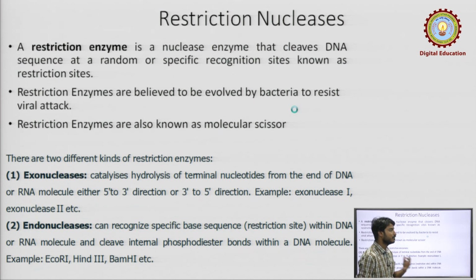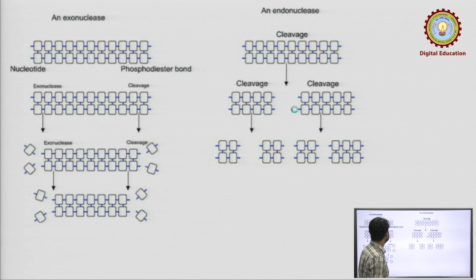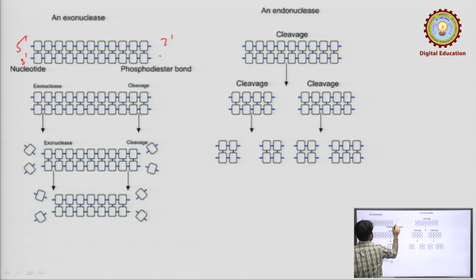There are two types of nuclease enzymes. The first is exonuclease and the second is endonuclease. Here we will explain the exonuclease and the endonuclease. We know DNA has a 5' end and a 3' end, and then a 3' end and a 5' end.